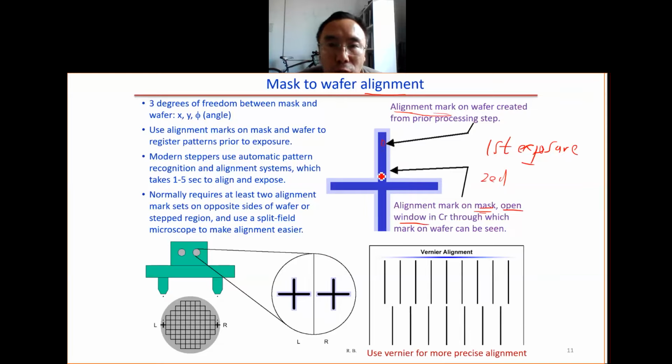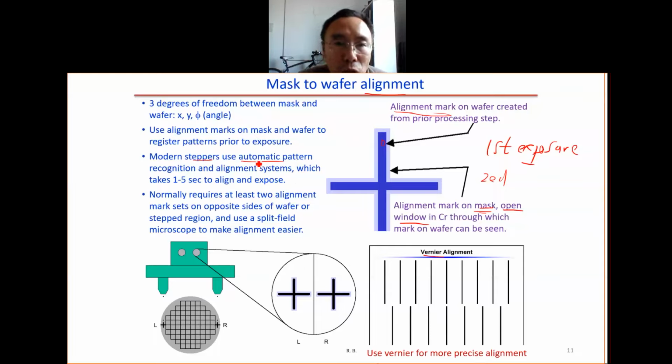This way, we move around and we can have good alignment. We can also use what is called a vernier pattern for the alignment. For example, if you see the symmetric pattern like this, you know it is well aligned along the X direction. For steppers, we have automatic alignment, because we have an optical system that can look at the alignment mark on the wafer and the alignment mark on the mask at the same time.